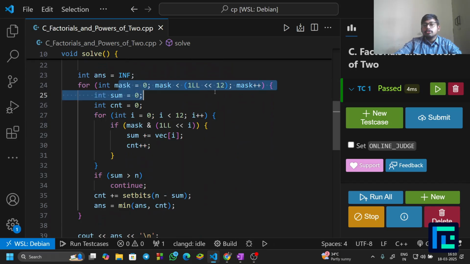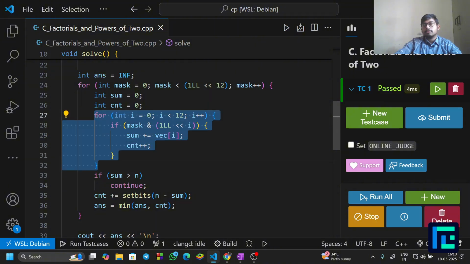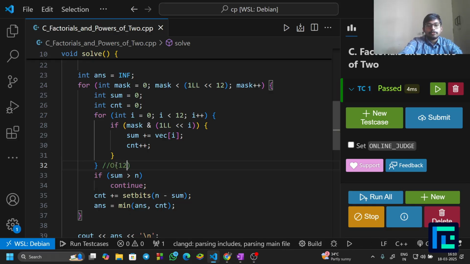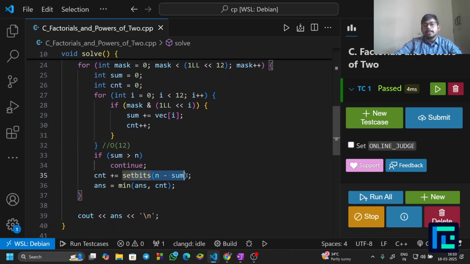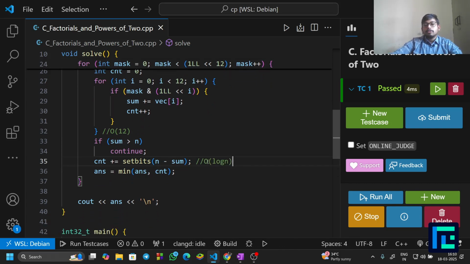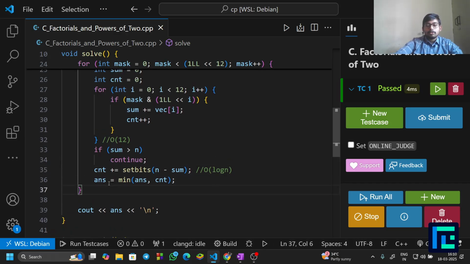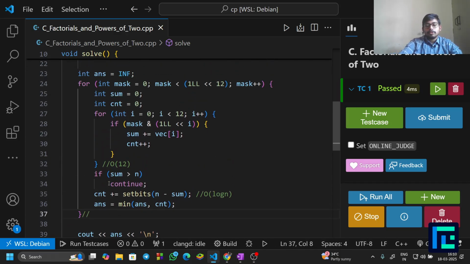It is running 2 to the power 12 times, and inside this loop is running 12 times, just checking for all the bits. So this is order of 12, and the set bits function is going to take an order of log n time.